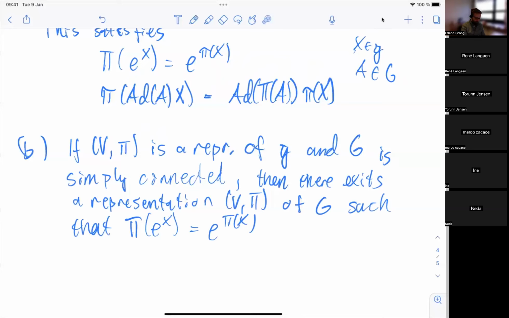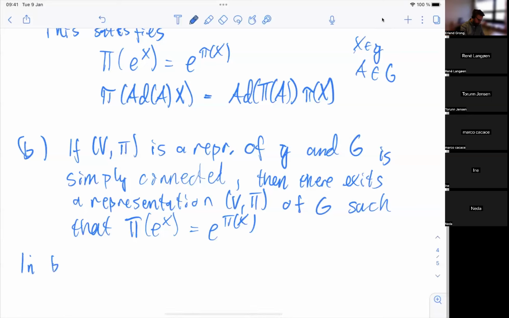And this is sort of a bonus result. This is not in the book because this result is in chapter 5 in the book, and the algebras are in chapter 5 and the representations are in chapter 4. But you can get this from using our results of chapter 5, that we can always integrate the algebra homomorphisms to a simply connected Lie group.